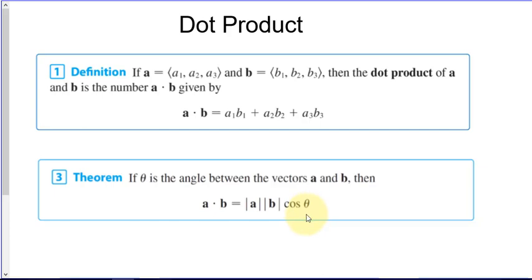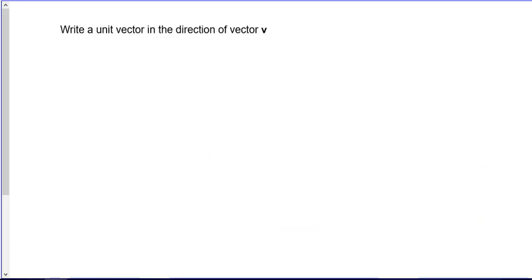All right, so let's see some of the things that we can do with this dot product. So to proceed a little bit further, before I move on, I want to make sure that it's clear what I mean by this. It says, write a unit vector in the direction of vector v. So if v was just any arbitrary vector in two-dimensional or three-dimensional space, it doesn't have to have a length 1.